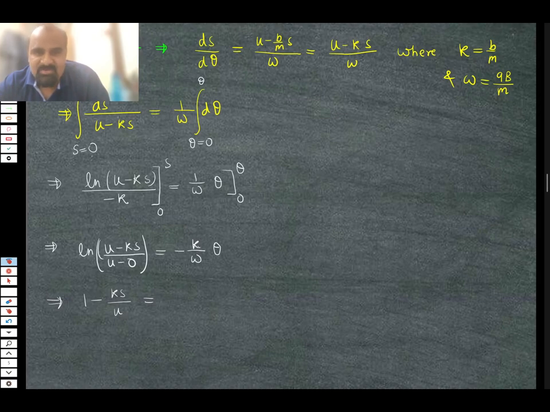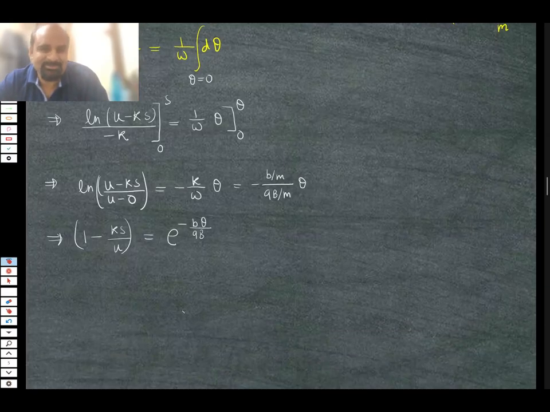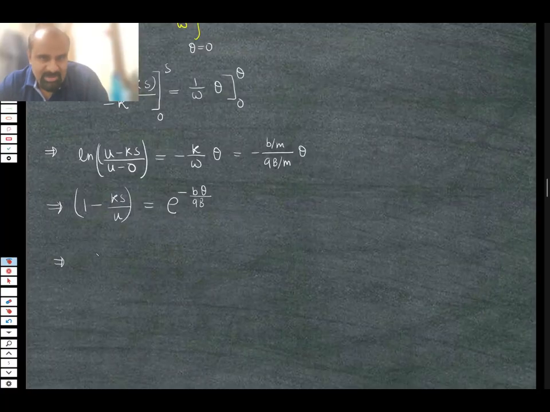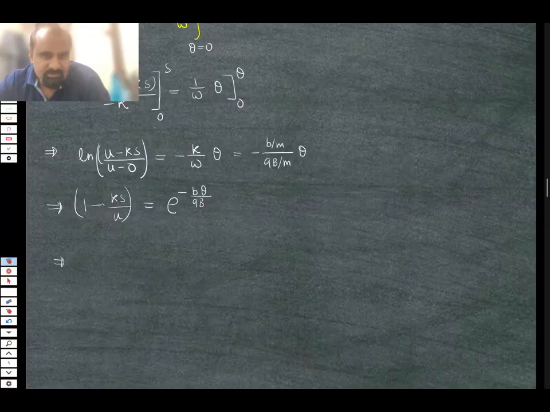let's put this k value. What was k? k was b by m. And what was omega? Omega was qb by m. All right, so you get e to the power, because I am removing ln over here. So e to the power minus b theta by qb. So you will get k, again this k was b by m.